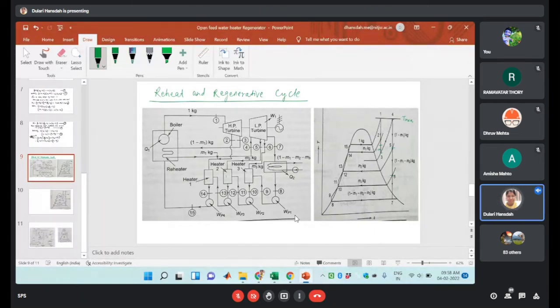Okay, so in this case, again there will be the expansion process, from the point 6 to point 7. So during the expansion process, the steam utilization is how much? 1 minus m1 minus m2 minus m3. Okay, so this amount of steam will be expanded from the point 6 to 7.